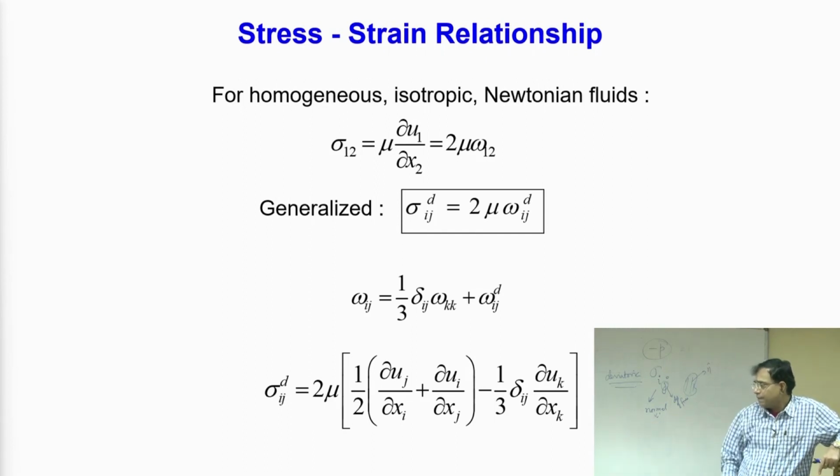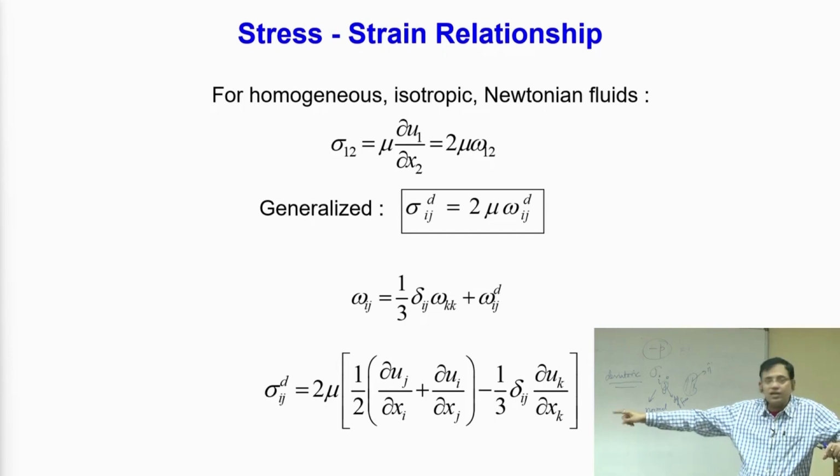this one, the deviatory stress component, and this minus 1/3 is coming because the second term is related to the divergence of the velocity vector, the partial derivative of uk with respect to xk. So, when you have a strain, there is a strain due to change in angle, but there is a strain also due to change in volume.